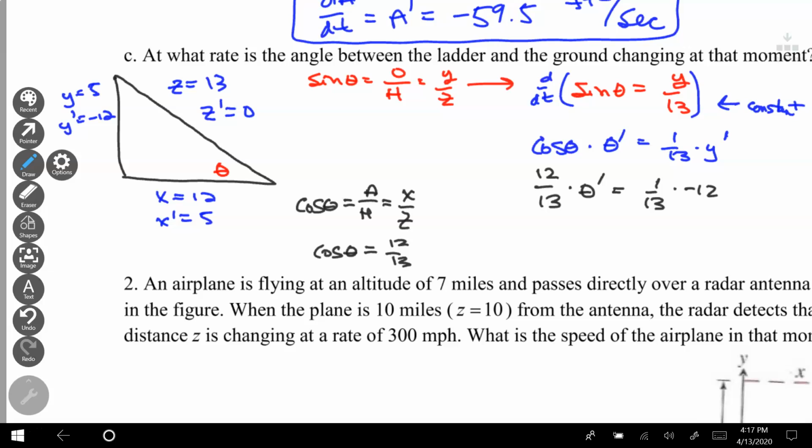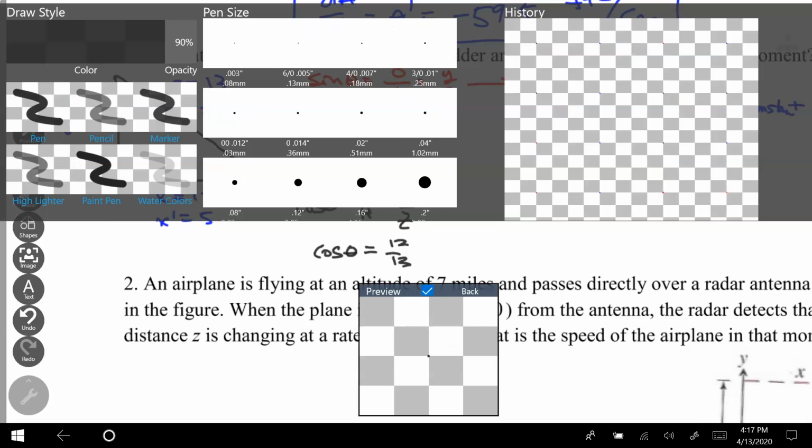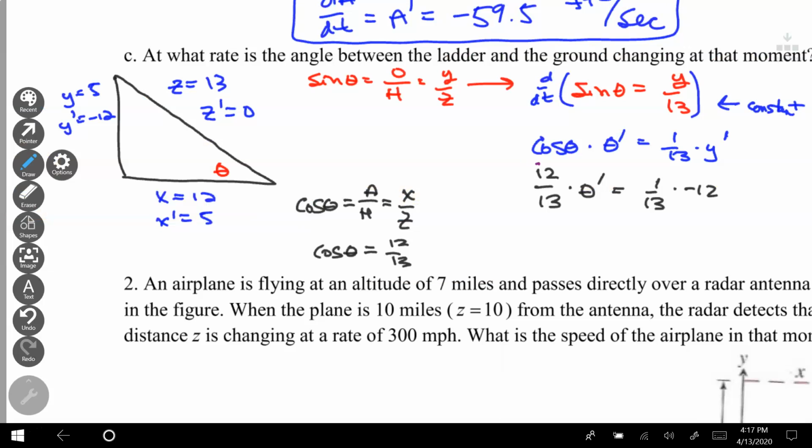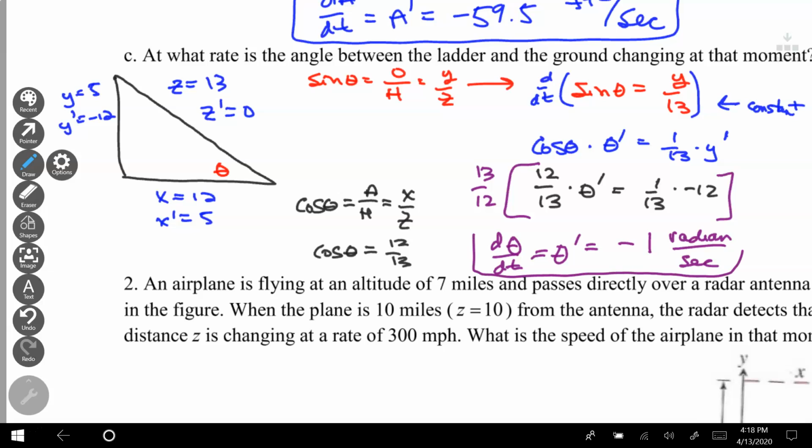Well, to get rid of that fraction to solve for theta prime, I'm just going to multiply this whole thing by 13 over 12. I get d theta over dt, which is my theta prime, is going to be negative 1 radian per second. That's how fast that angle is changing.